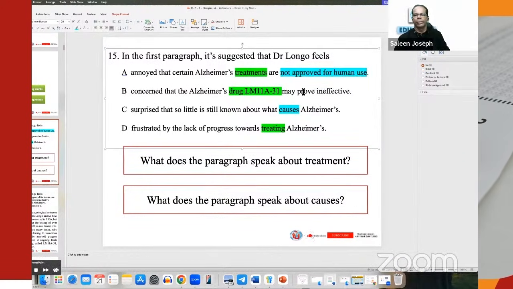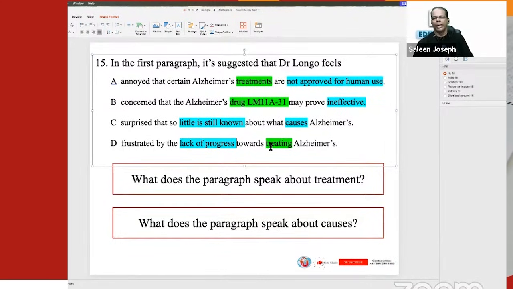And the second one, may prove ineffective. Third one is little is known about the causes, and lack of progress. These are known as differentiating hedging words. The green ones are known as concept-based hedging words.